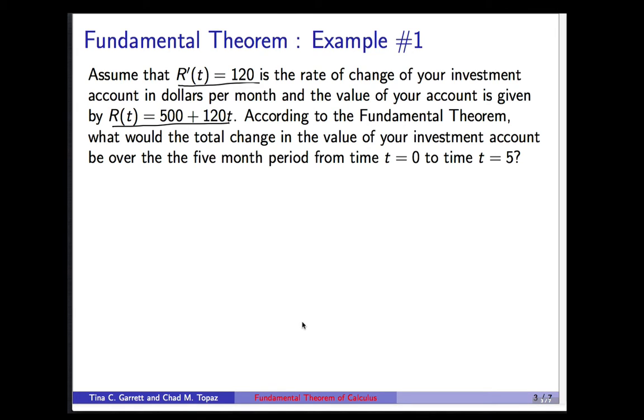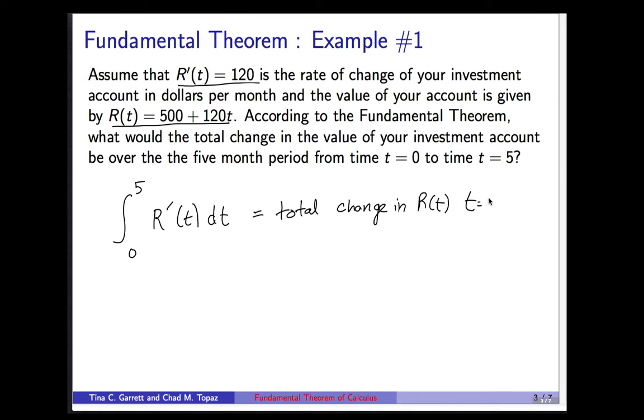So if we go back to our example and say, what would the total change in the value of the investment account be over the 5-month period? Fundamental theorem says, oh, that's simple. We integrate from 0 to 5 the rate of change of the retirement account. That should give us the total change. So we know from previous lessons that's the total change in r of t from time 0 to time 5.